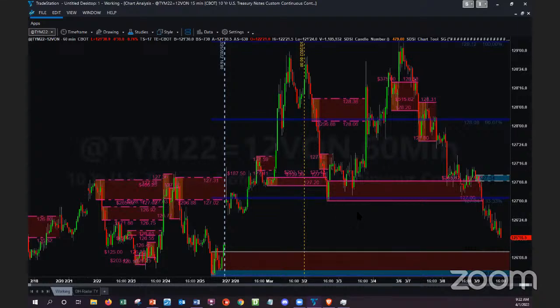Now then, we see here on 14 days rollover. This is when rollover should have occurred on 3/2.